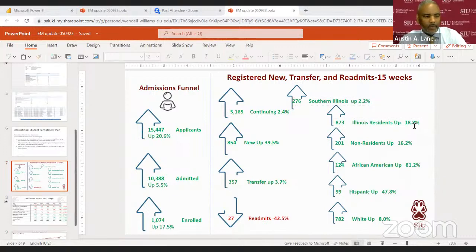Illinois residents, this is a very promising number to be out. This is a state initiative, obviously, to keep students here in the state and not have them leave and go other places. So again, you can kind of get an idea from a racial perspective for African American, Hispanic, white. You can see that those numbers are up as well.